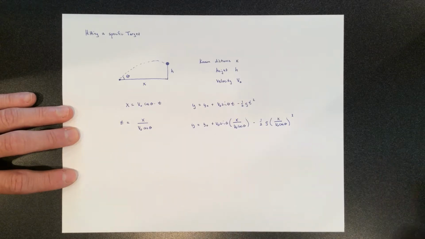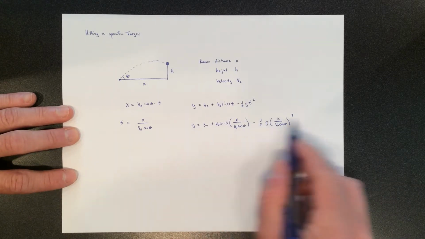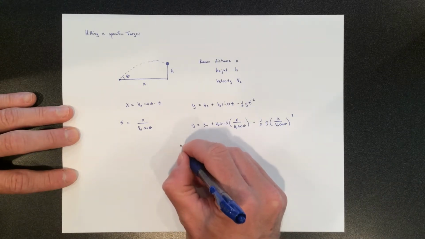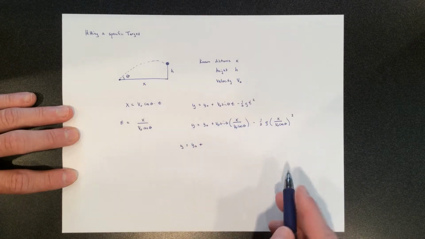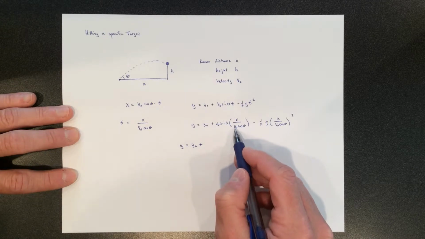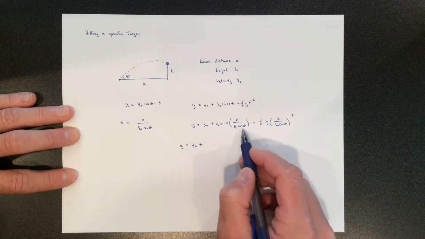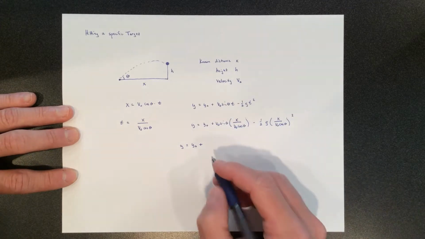And all we did was eliminate the parameter of time. This equation is going to simplify. y equals y naught plus, okay, this is a v naught over v naught, so they go away, and then this is sine theta over cosine theta, which is just tangent theta.